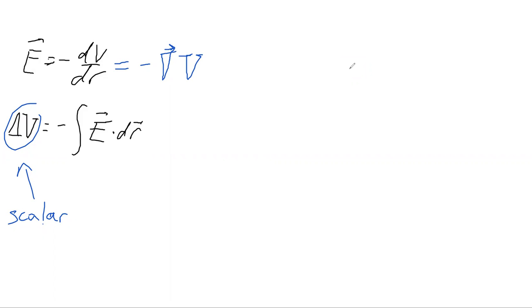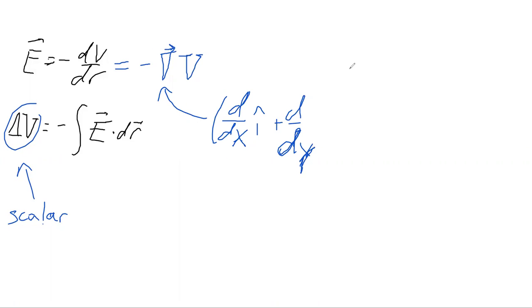in it has direction. So, for example, in Cartesian coordinates, this would be d/dx i hat plus d/dy j hat plus d/dz k hat.